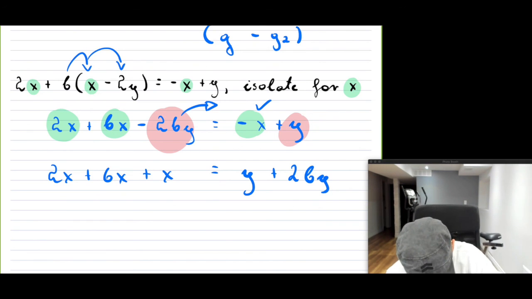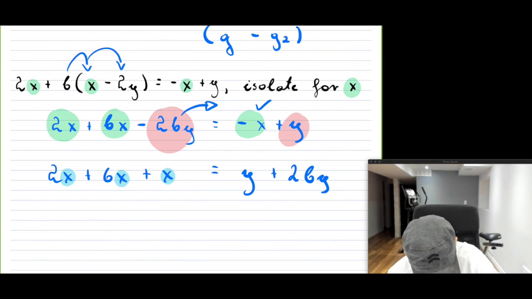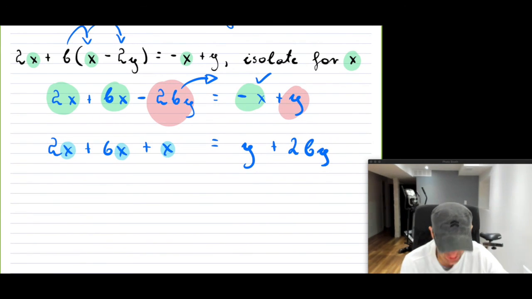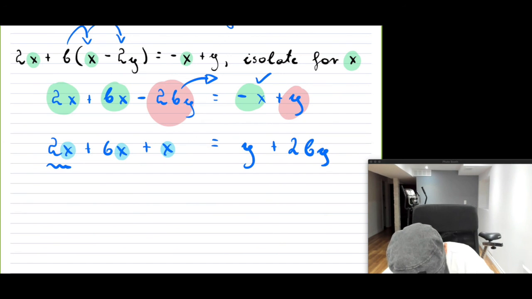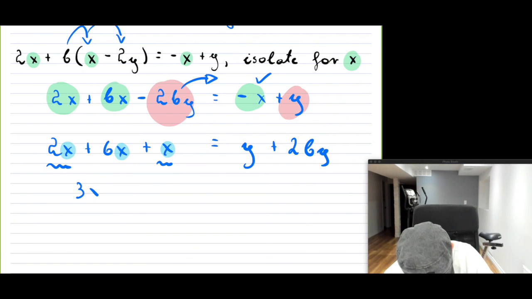Now, again, I run into the same problem that I have this x in 3 different terms. So what I have to do now is factor it out or collect like terms. Luckily, notice I have 2x and an x here. So you should know that 2x plus x is 3x.